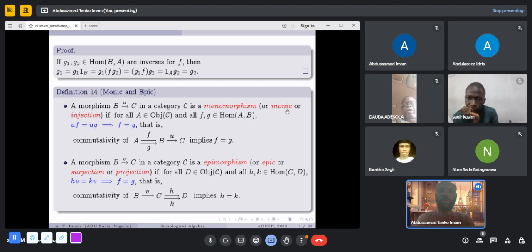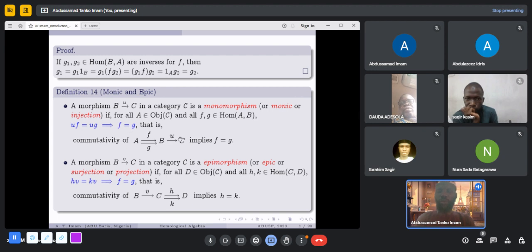Monomorphism is also called monic or injection if for all objects A in the category and all morphisms F, G from A to B, the composite U after F equal to U after G will always imply F equals G. So I think this is better understood in a diagram.